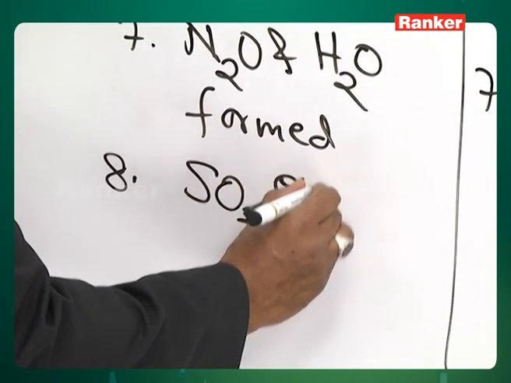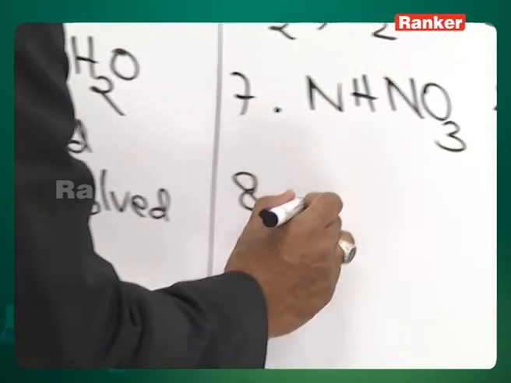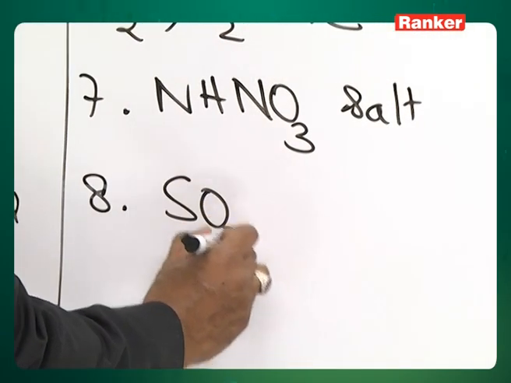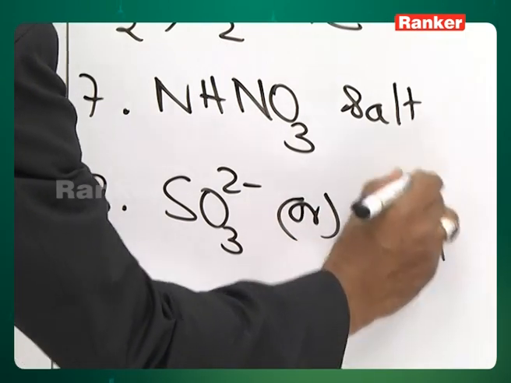If SO2 is evolved, then it must be either a sulfite or sulfate salt.